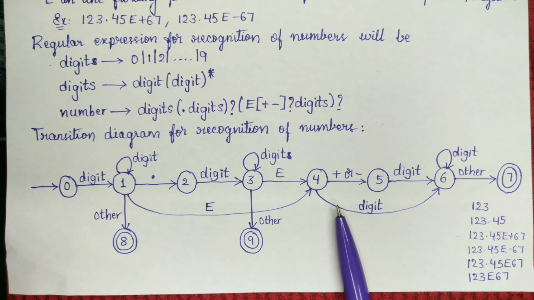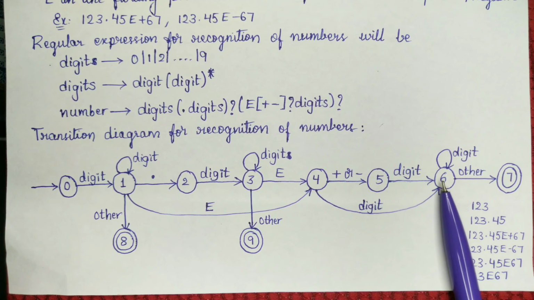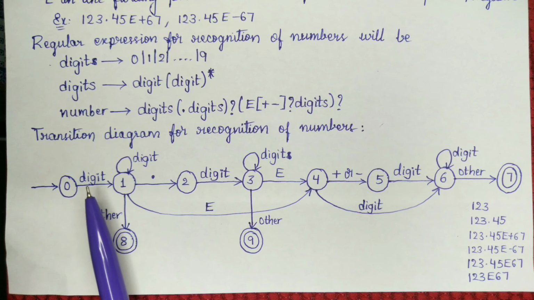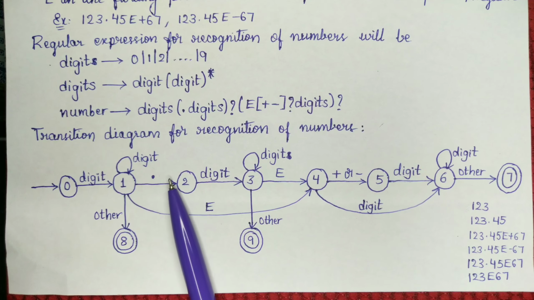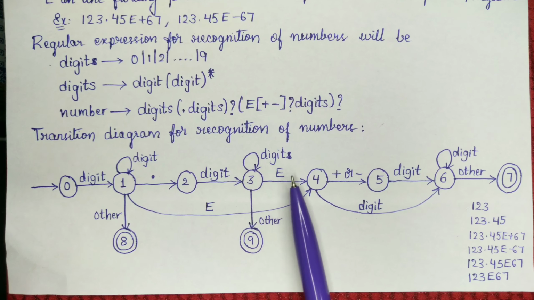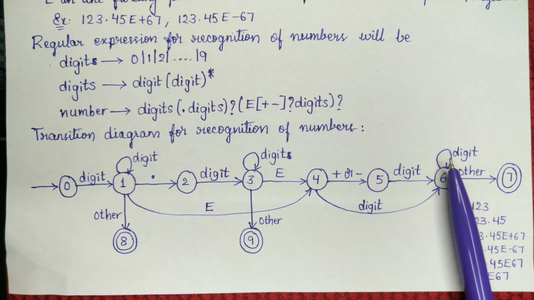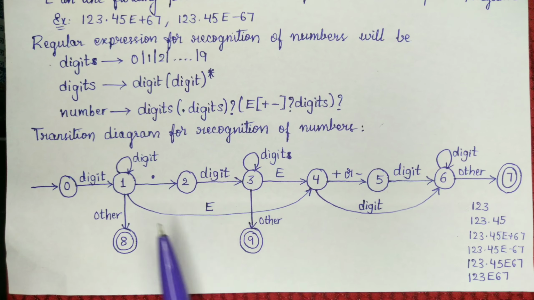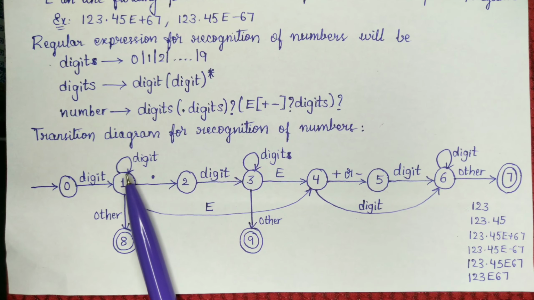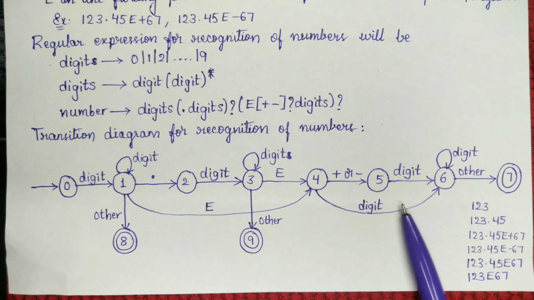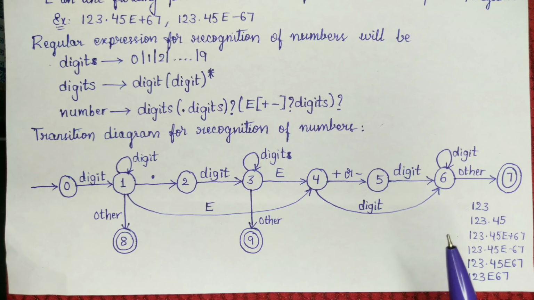And if we don't need to apply plus or minus, then we can apply digit on state 4 and go to state 6. So take for example 123.45E67 or 123 and then E and then 67. Likewise, all the possibilities are satisfied by this expression.